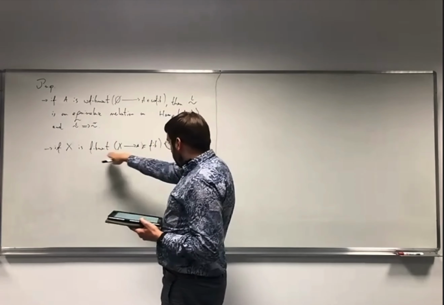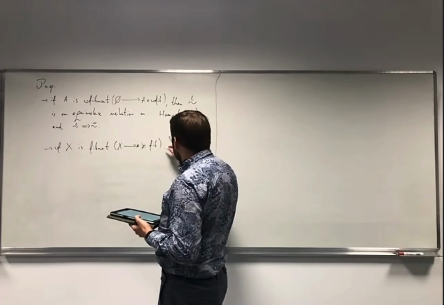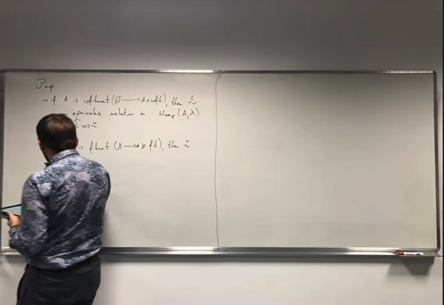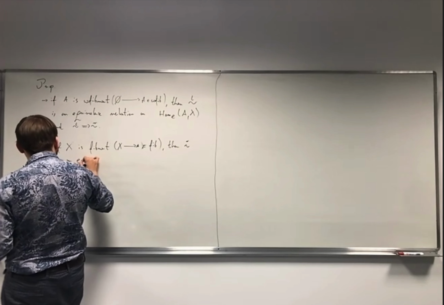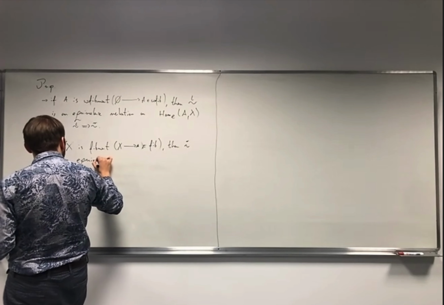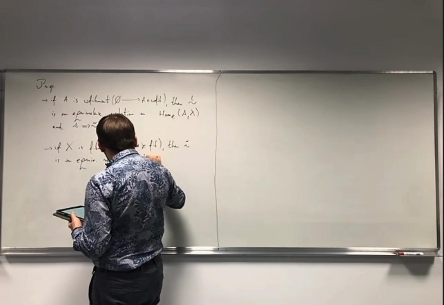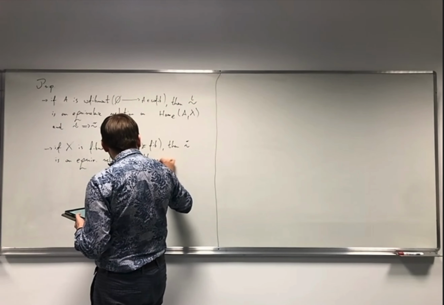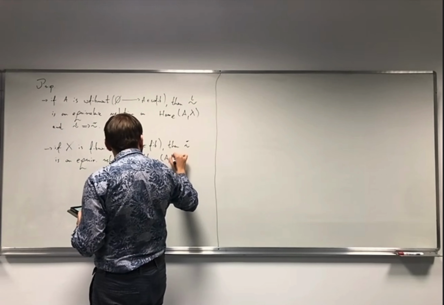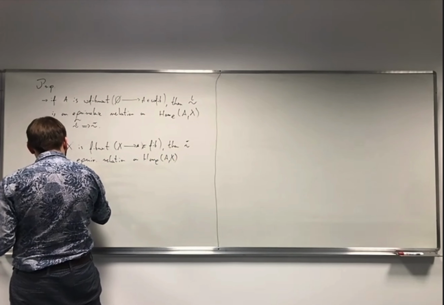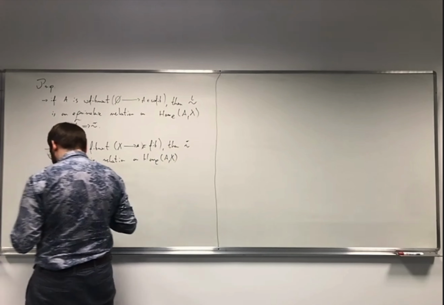Okay, if X is fibrant, then the right homotopy relation is an equivalence relation on morphisms in our category from A to X, and right homotopy implies left homotopy.